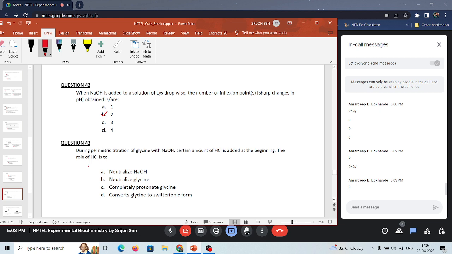Next question. During pH metric titration of glycine with NaOH, a certain amount of HCl is added at the beginning. Why do you add HCl in the beginning? What does HCl do?